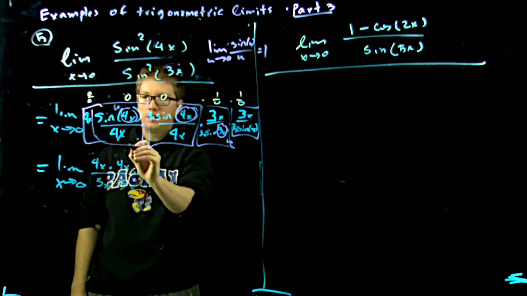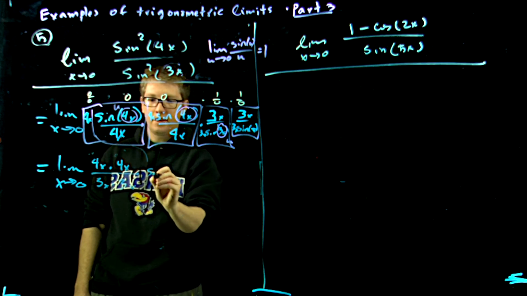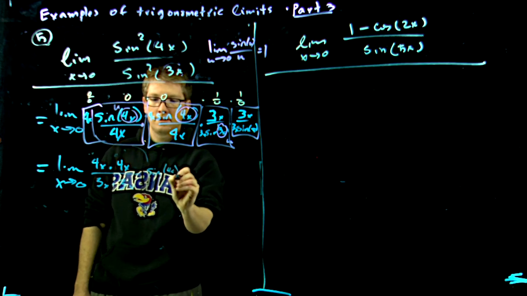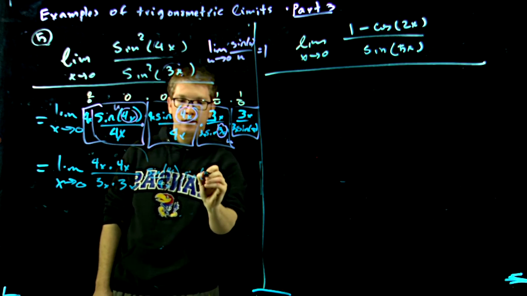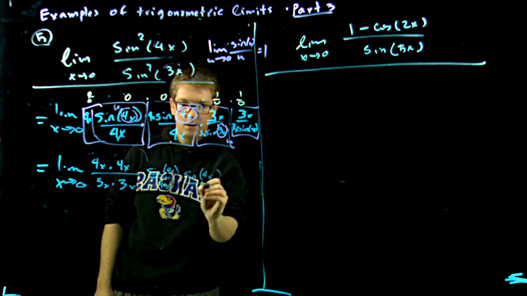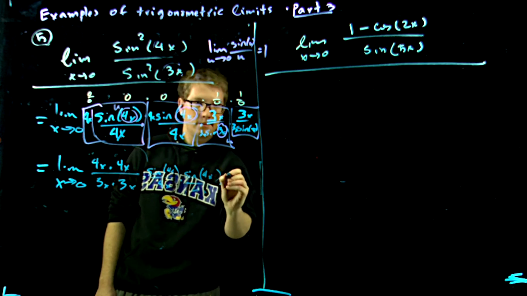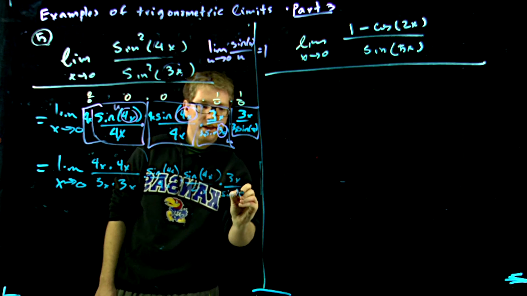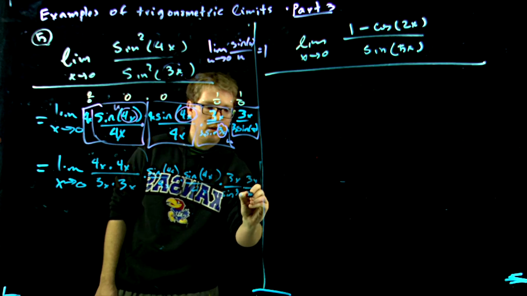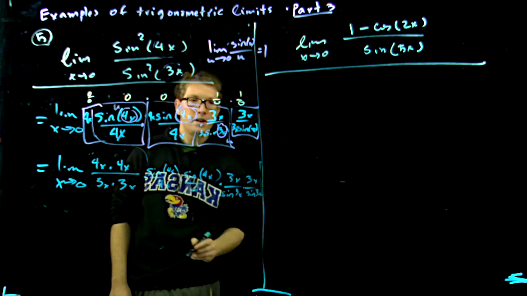And now I'm going to take each one of these terms and write it. So I'll have something like sine of 4x over 4x times sine of 4x over 4x times 3x over sine of 3x times 3x over sine of 3x.